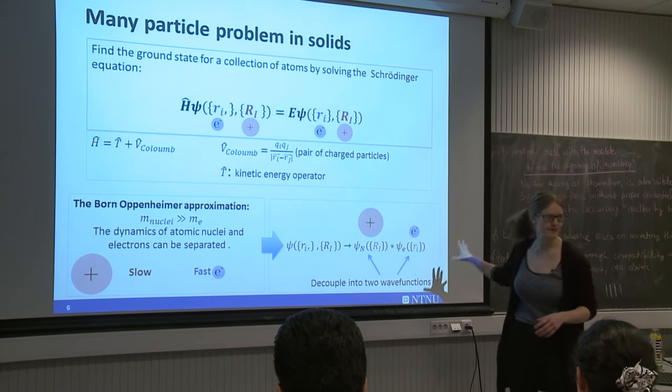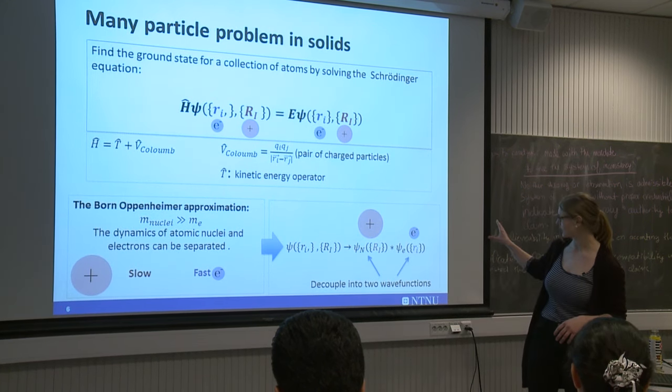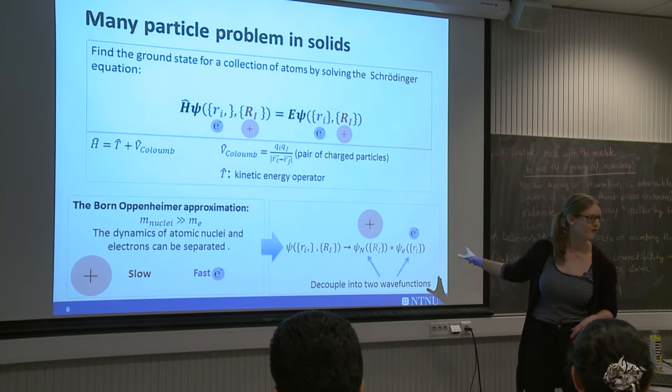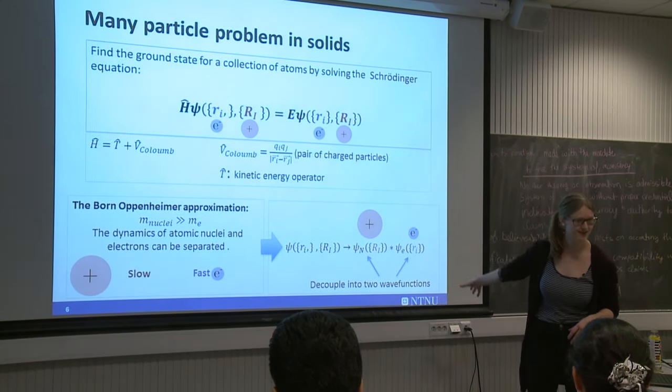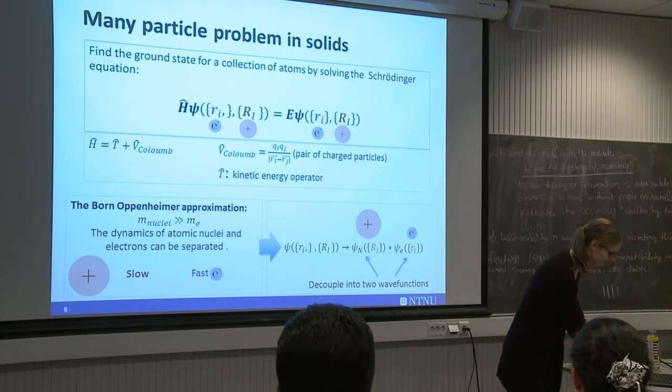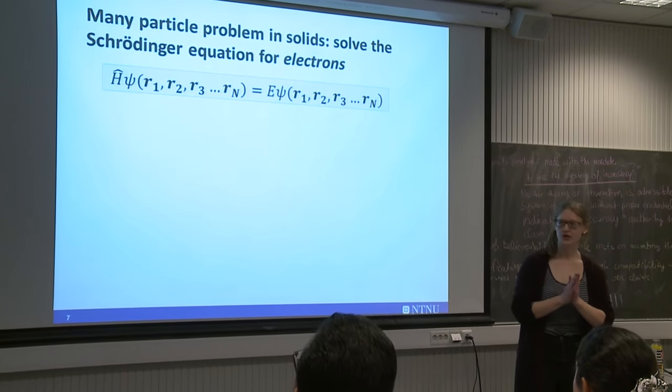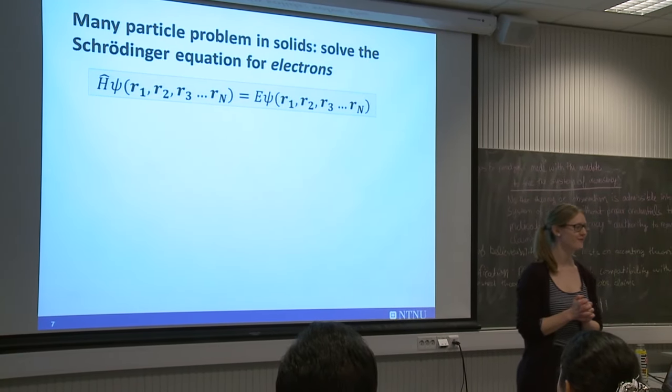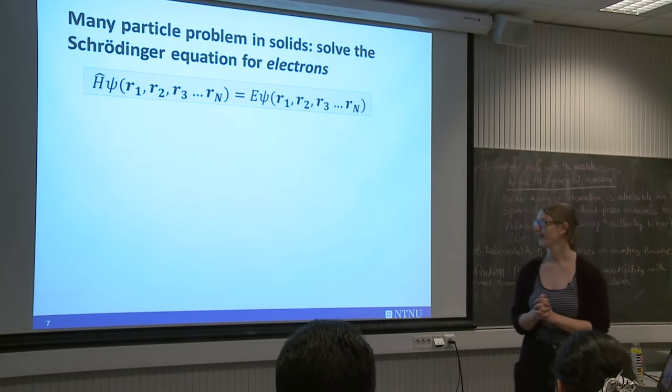That means that we from now on can only concentrate on first solving the ground state of the electrons for one fixed set of atomic positions. So, great. We reduced our number of variables a bit.